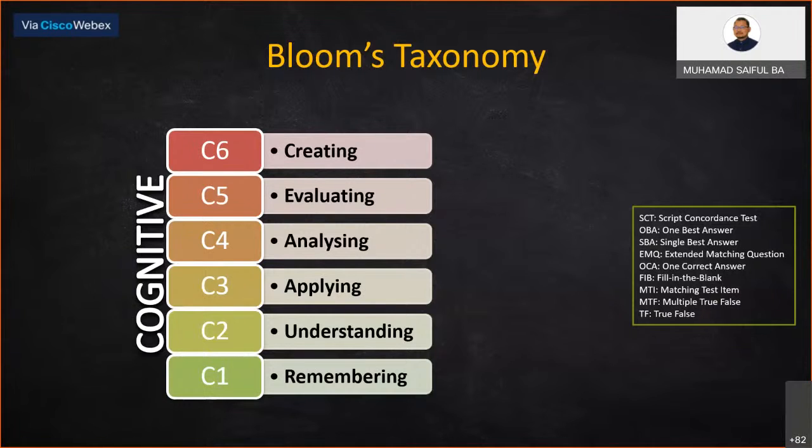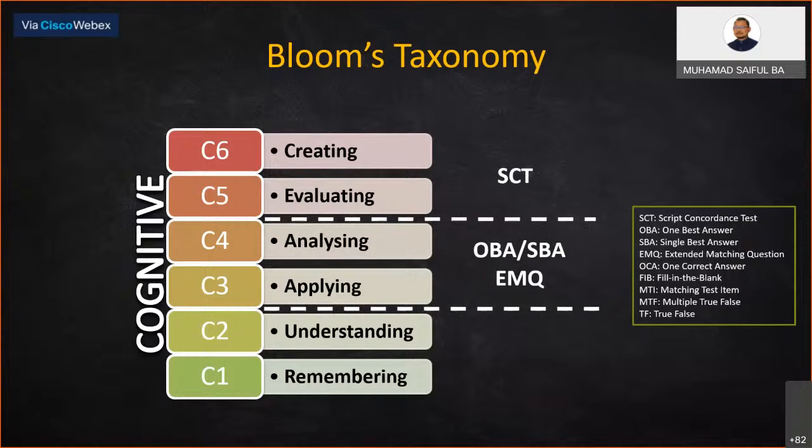So let's put these into the cognitive taxonomy. For C1 and C2, these are the five objective assessments commonly used to assess them: the MCQ, multiple true false, fill in the blank, the classical true false, and the matching test item.